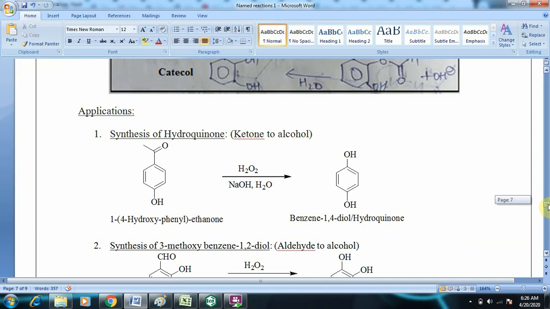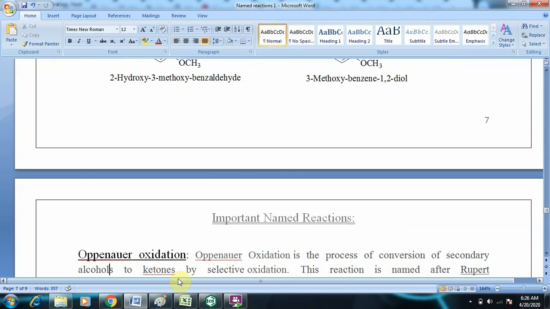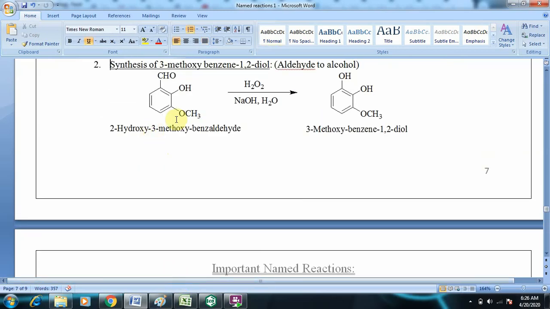And coming to its applications, that is synthesis of hydroquinone, and another thing is 3-methoxybenzene 1,2-diol. So one application we will see for conversion of ketone to alcohol, and another conversion we will see for aldehyde to alcohol. So here, as we said, ortho or para-hydroxy acetophenone, or here ortho hydroxyaldehyde.